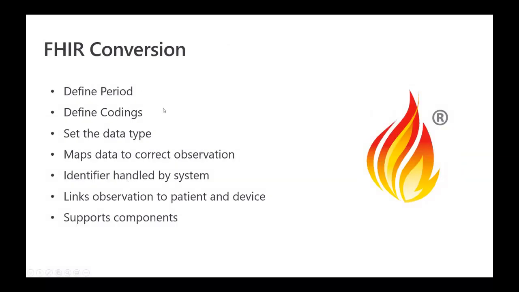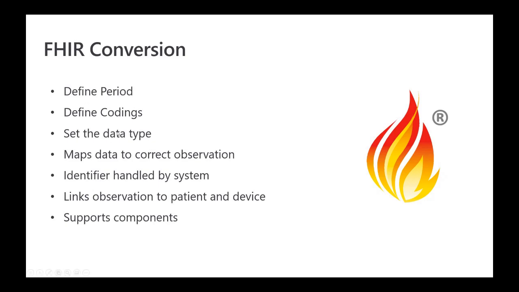So finally, the FHIR conversion, we have several options. You can define the period. This is if you're using the time series format that I mentioned. You can say, I want this observation for heart rate to be bucketed by, say, an hour. So every hour, as data is streamed in or uploaded to the connector, we'll figure out what hour time period that data belongs to and merge it into that observation.